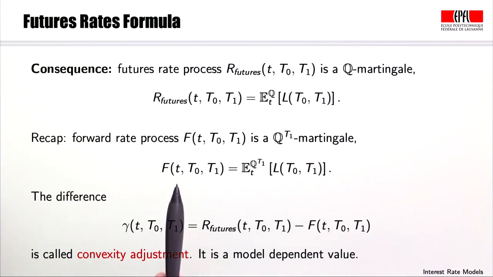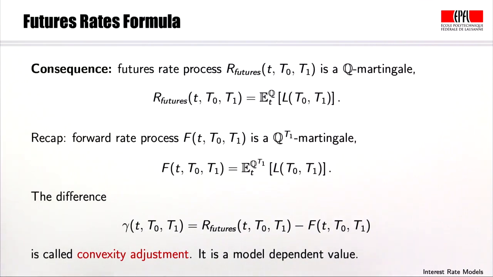Hence, at any date small t, the simple forward rate is given by the conditional expectation of the future simple spot rate, but under the T1 forward measure. The difference between the futures rate and the forward rate is called the convexity adjustment. We denote it by the letter gamma.